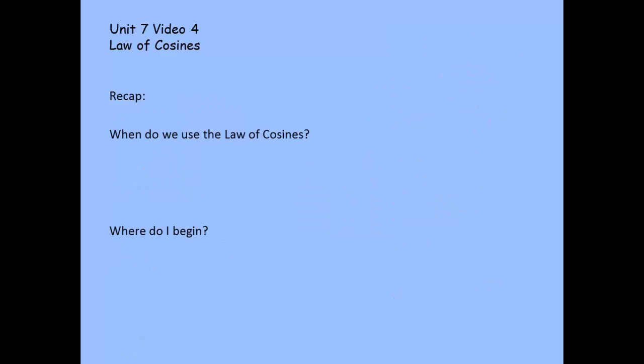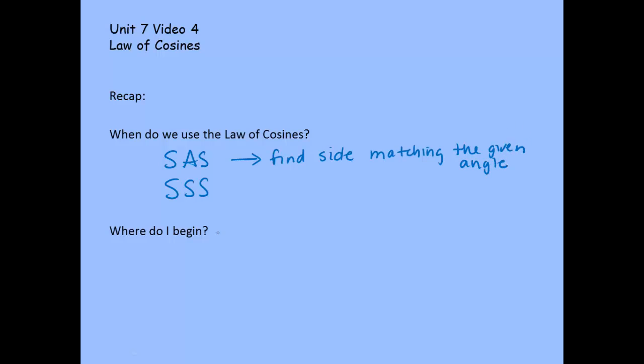When do we use the law of cosines? That would be when we have side angle side, or we have side side side. The first thing you'll do here is find the side matching the given angle. Where do I begin?